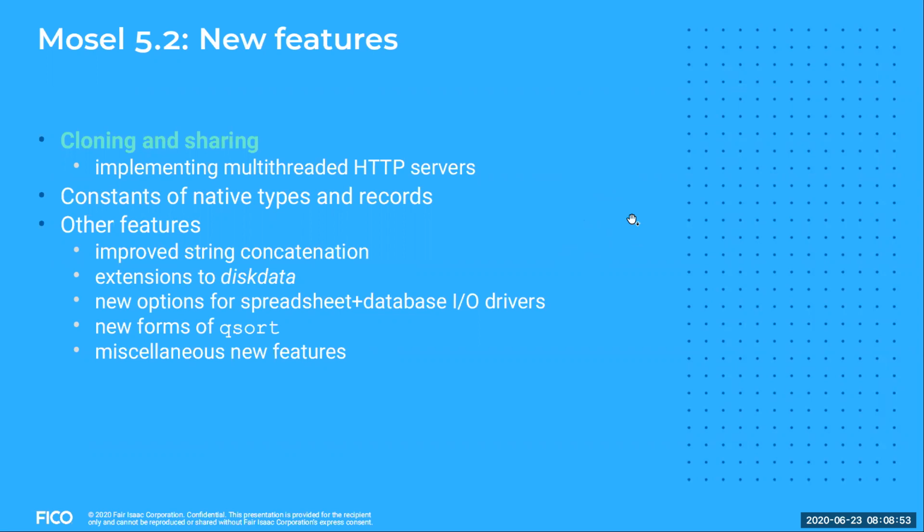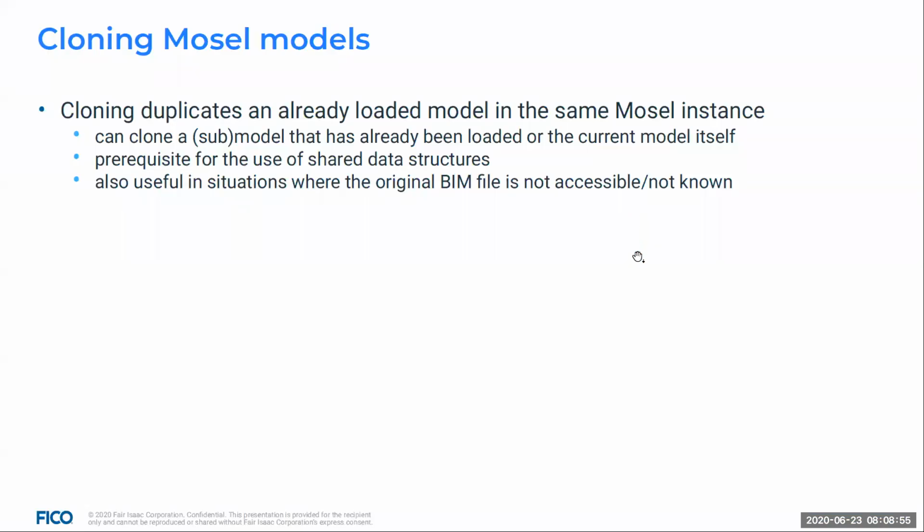Okay, so cloning and sharing. First step is how to clone models. What we are doing is, of course, we're working with submodels. So we have one master model, and this master model loads other models into memory. We load these other models in the first instance from some file, and then we can clone the submodel to duplicate it.